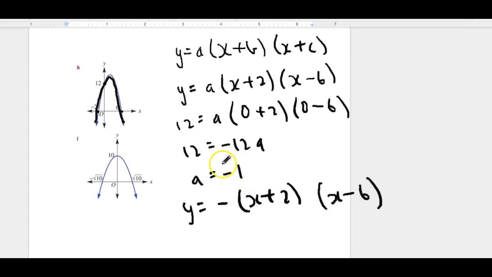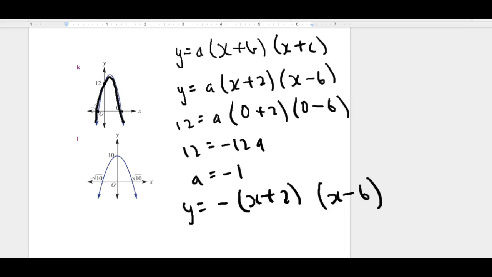If you went back and put in a positive one here, you might forget that it should be a negative. So just leave A as A. A can represent both positive and negative numbers. You don't need to put a negative sign in front of it to make it negative. It will turn out to be negative anyway, just like we've done here.